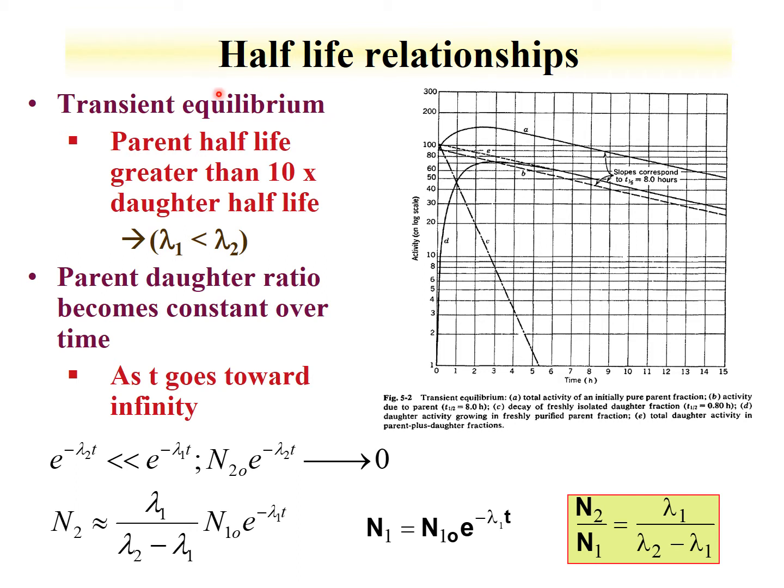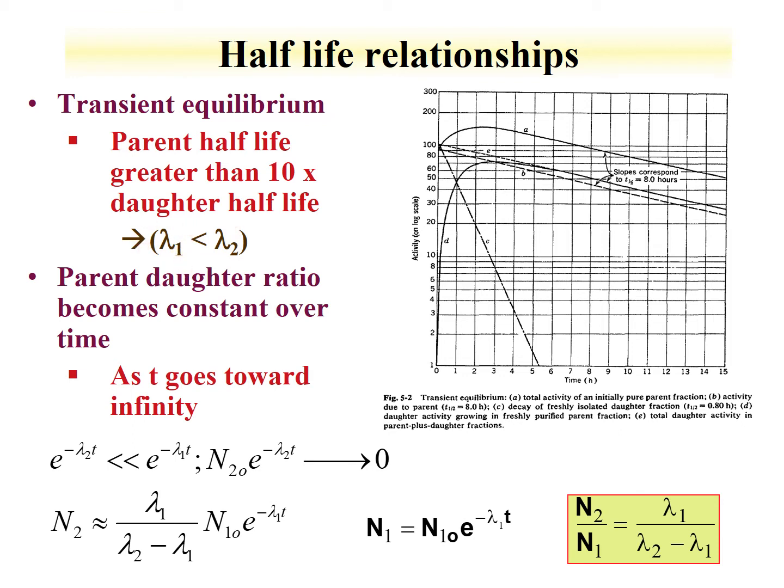So this is called transient equilibrium, in that there's a change that's ongoing. The parent half-life is short enough so that the activity of the parent changes over time. Now the decay constant of the daughter is going to be greater than the decay constant of the parent.